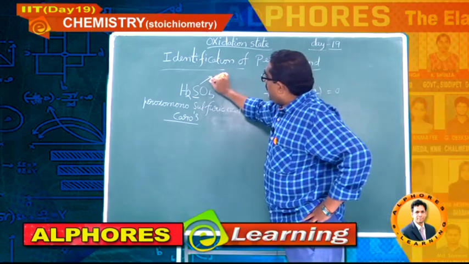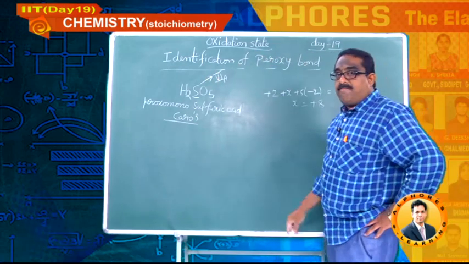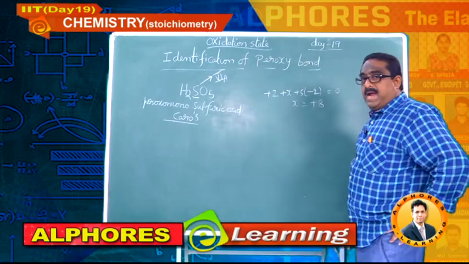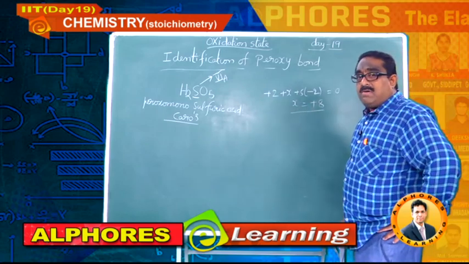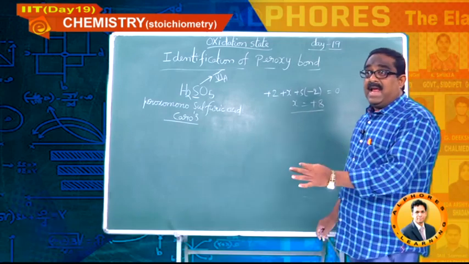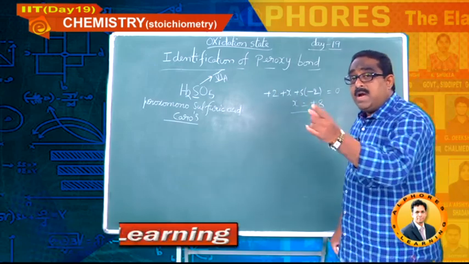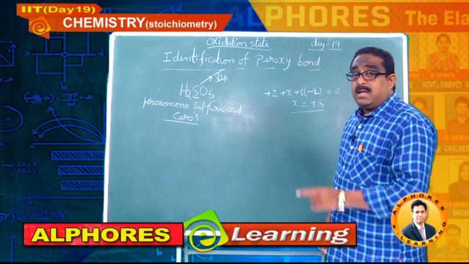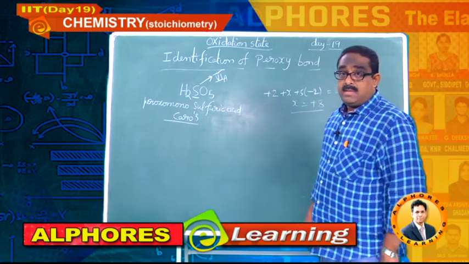But sulfur belongs to 6A group of the long form of the periodic table. The maximum oxidation state should be +6, but as per our normal rules of calculation we got +8, more than its group number. So immediately you can come to a conclusion that the compound may contain one peroxy bond.